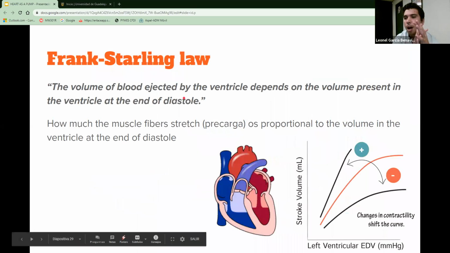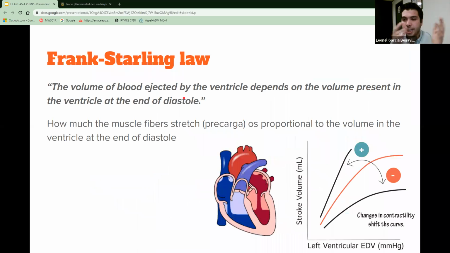The Frank-Starling law, imagine a slingshot. Everyone knows what a slingshot is, right? How far you throw the rock depends on how far you pull the slingshot. If you just pull a little bit, the thing that you're going to fire is not going to travel that far or that fast. It's not going to have that much power.